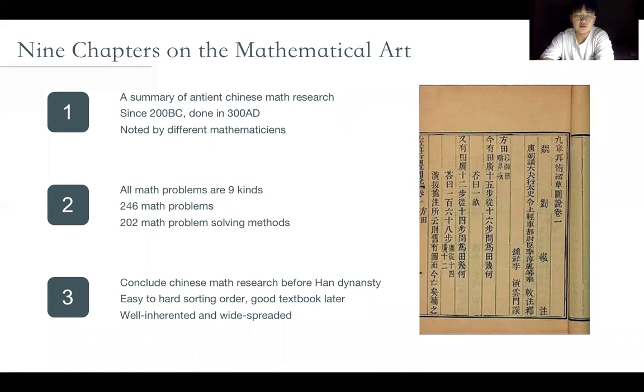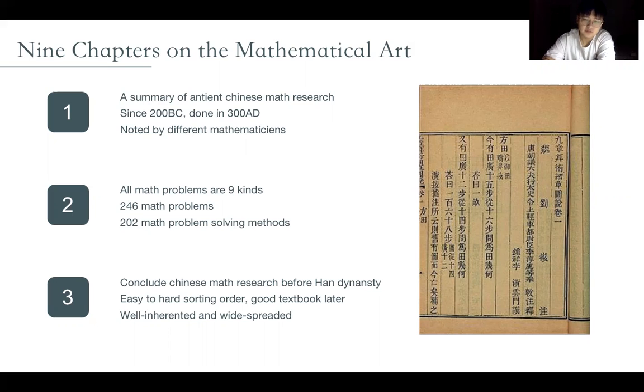It's a book which is like a summary of ancient math research before 300 AD. People started writing it around 200 BC, and it was done in 300 AD. It was noted and re-edited by a lot of different mathematicians during that time.